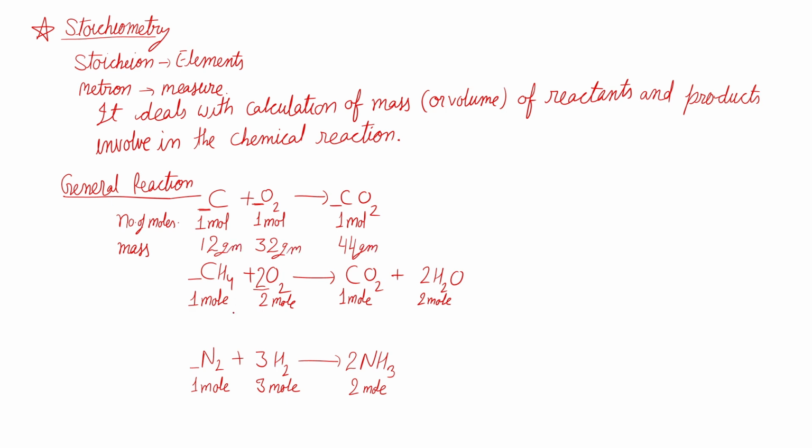Same as 1 mole of methane, it means 16 gram of methane is reacting with 2 mole of O2. O2 का 1 मोल का मास 32, अपने देखा भी ऊपर, और उसके 2 मोल्स कितना हो जाएगा बेटा, 64 ग्राम. It is combining and producing the 44 gram of CO2 and 36 gram of water.